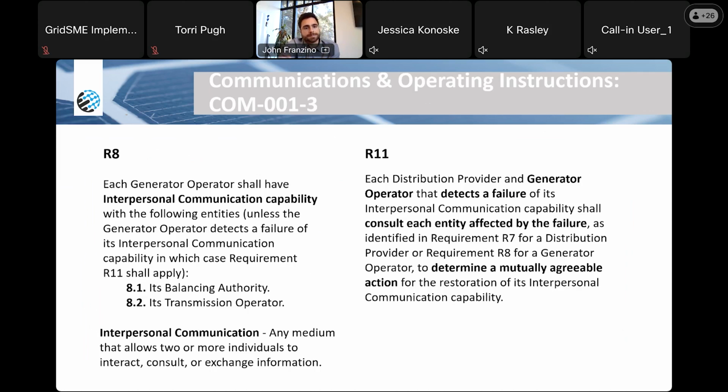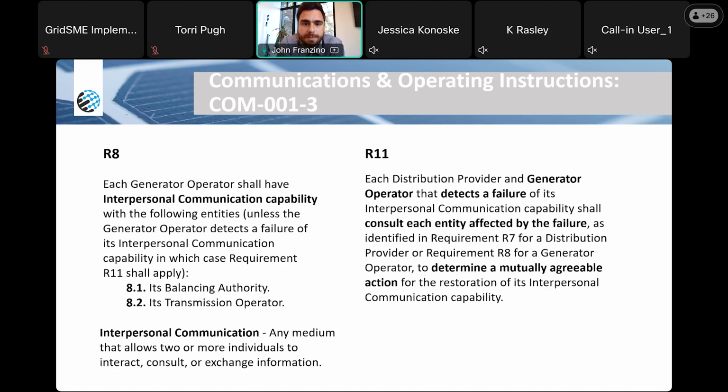Okay, so we're going to start talking about the concept of interpersonal communication and operating instructions. As I mentioned in NERC 101, a GOP's job is really to not only monitor and operate the facility, but communicate upstream with transmission operators, balancing authorities, etc. So each GOP needs to have the ability for interpersonal communication with its balancing authority and transmission operator.